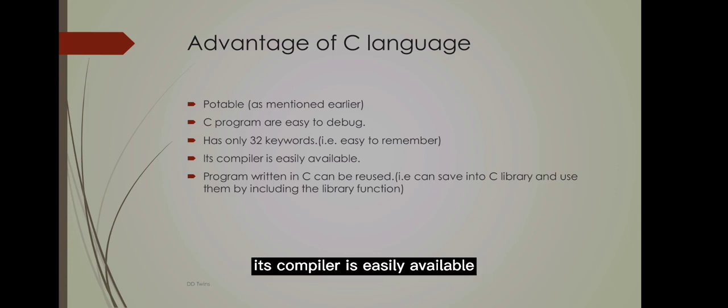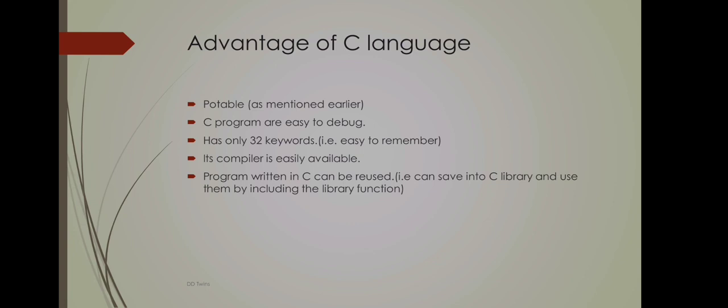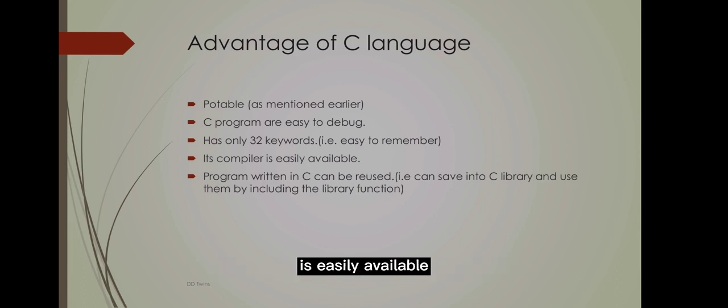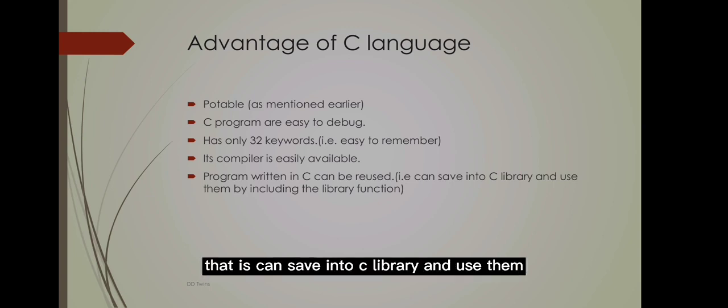Now let's go to the other points. Its compiler is easily available, which means whenever we write a C program, we need a compiler to run it, and the compiler used to run C is easily available. This is an advantage. And next point, programs written in C can be reused, that is, they can be saved into a C library and used by including the library function.